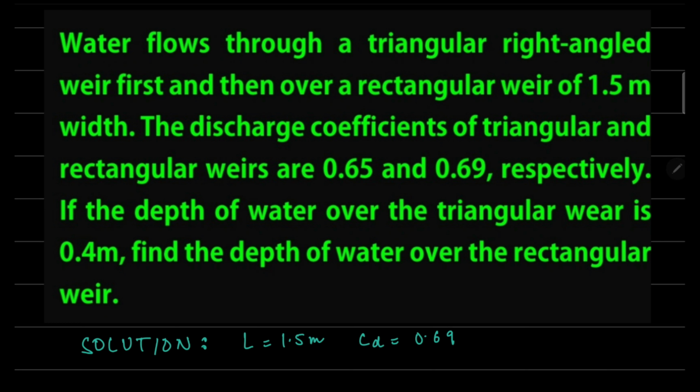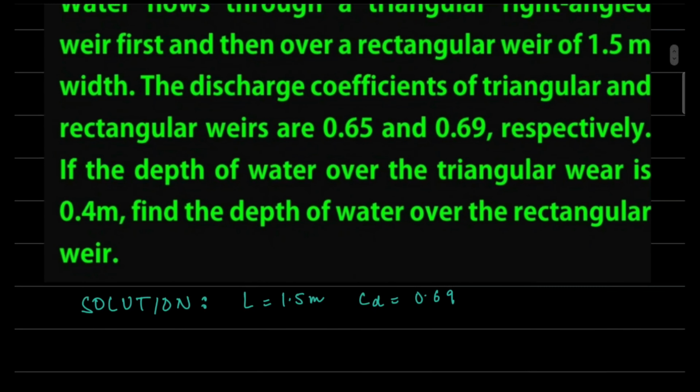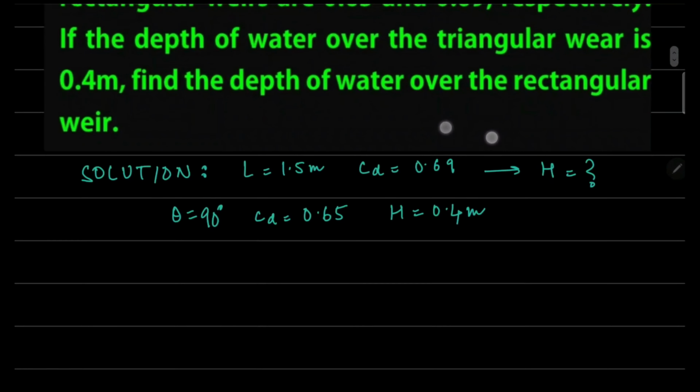For the triangular case, the theta value is given to us. So theta is 90 degrees, the CD value for this one is 0.65, and h is given, that is 0.4 meter. And in this case, h is the value that we have to determine for the rectangular weir.